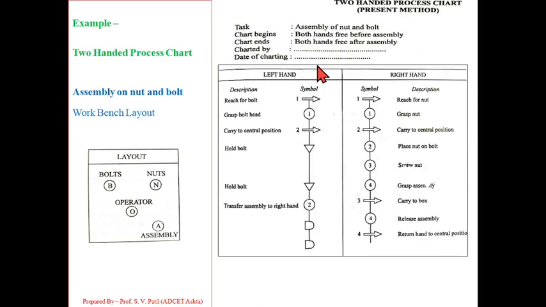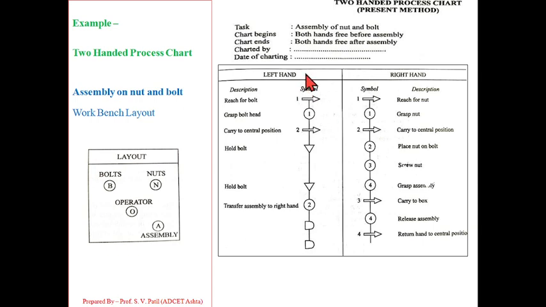Now, as we discussed earlier, we are supposed to prepare two different charts, one for the left hand and the other for the right hand. These are the two charts prepared for performing the assembly of the nut and bolt. We write the description towards the left hand side, and the symbol towards the right hand side.